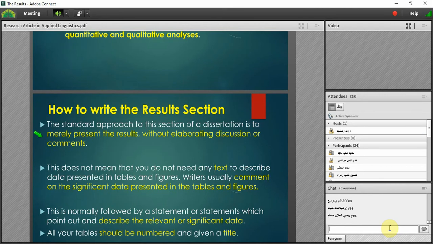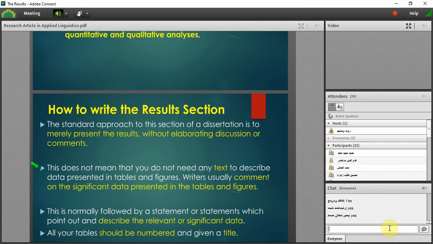There is no need to tell the readers about the reason for some findings. There is no need to discuss the findings. You just present the results in tables, graphs, diagrams, okay.